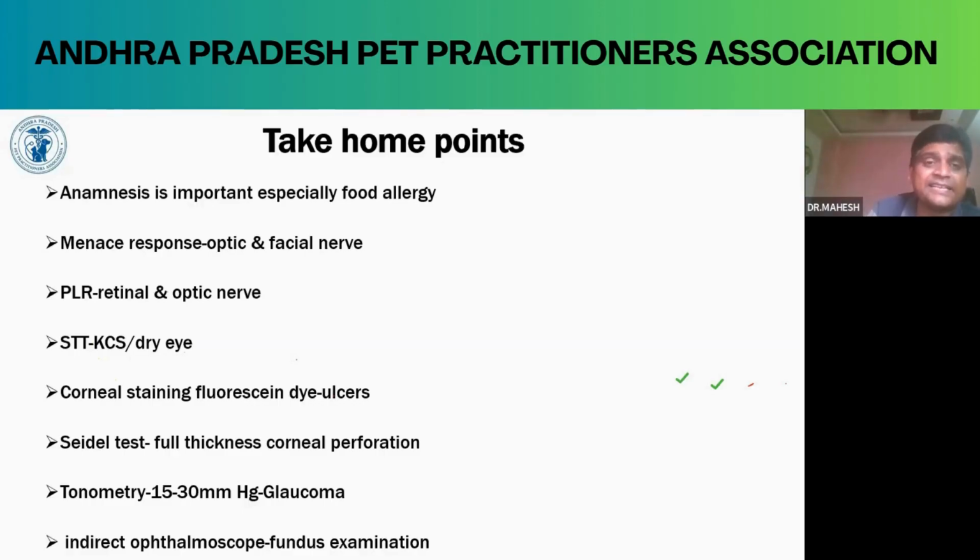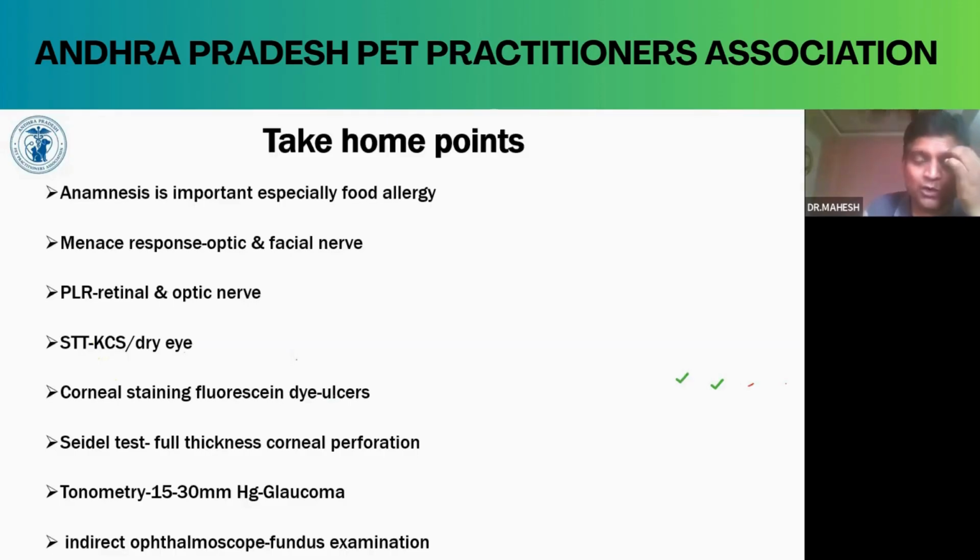CT can be used for diagnosing retrobulbar space occupying lesions. And fluorescein angiography can also be used in advanced conditions related to retinal blood vessel abnormalities. So those are the advancements. Still, this is what we generally do in the general ophthalmic examination.